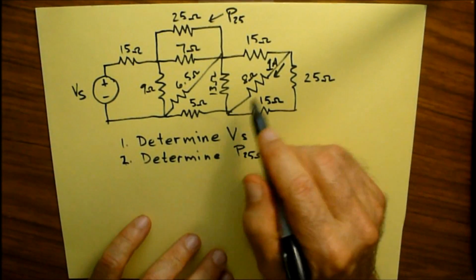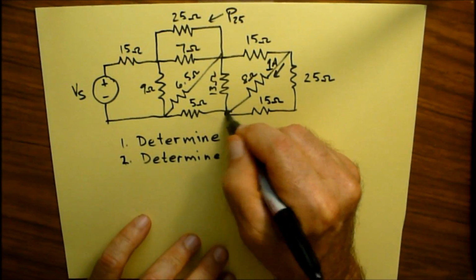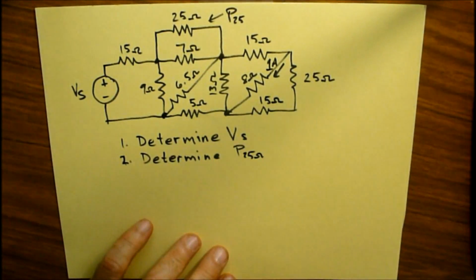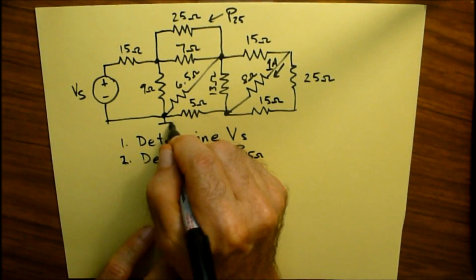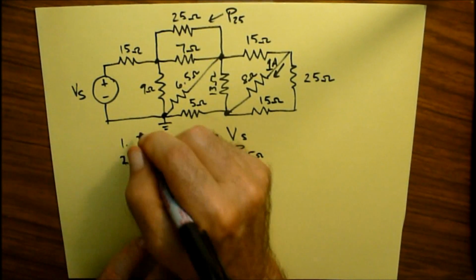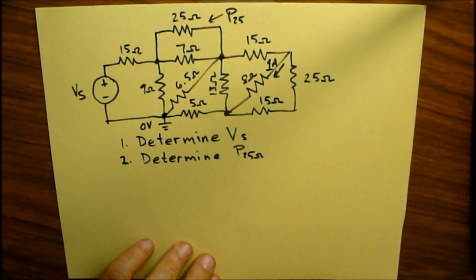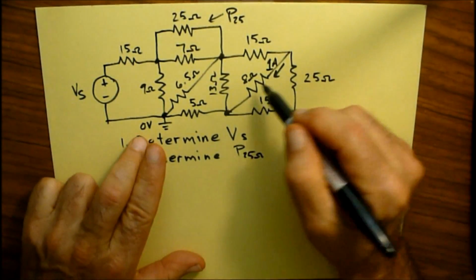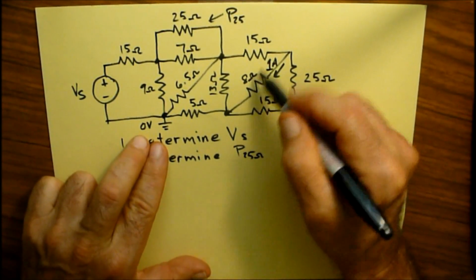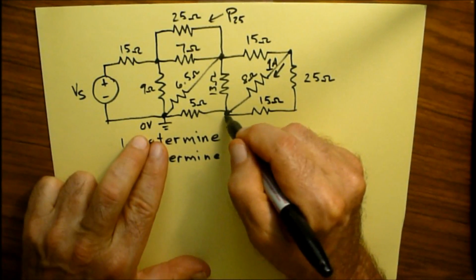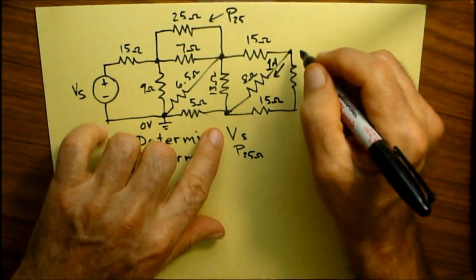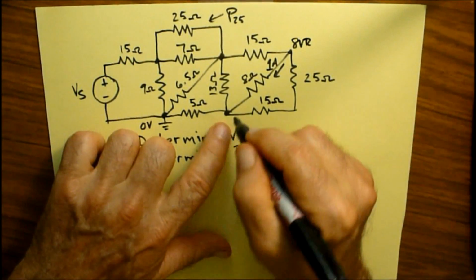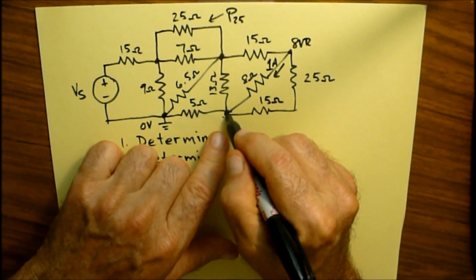So the first little bit of information that I have, these are all nodes right here. Let's make sure that that's clear. I'm going to call this node right here ground. I'm going to establish that as 0 volts right at that point. Now the fact that I have 1 amp through an 8 ohm resistor says that I have 8 volts between here and here. Now this is going to be 8 volts, and I'm going to put it relative to this point right here.